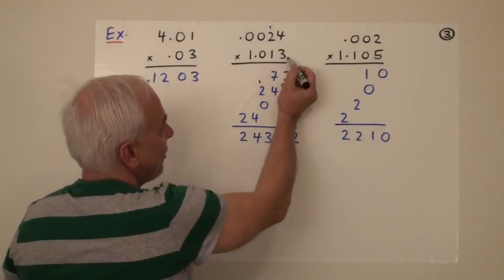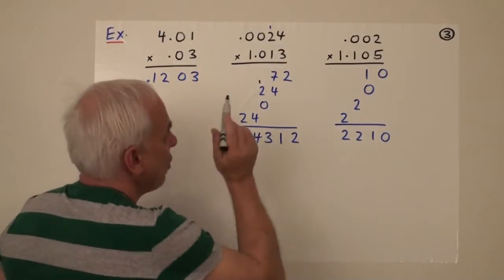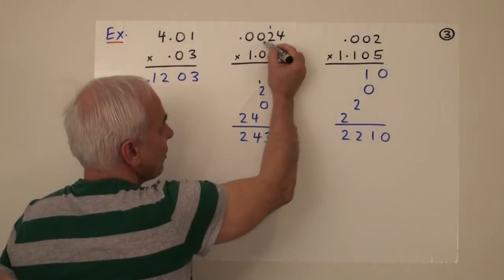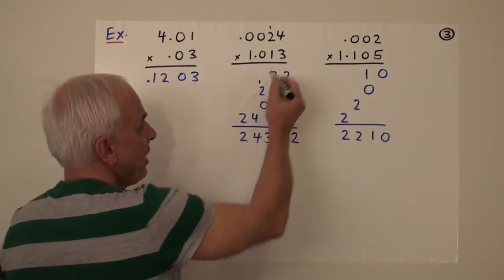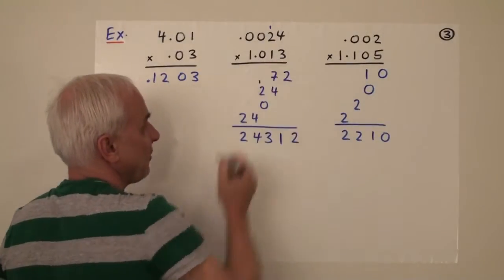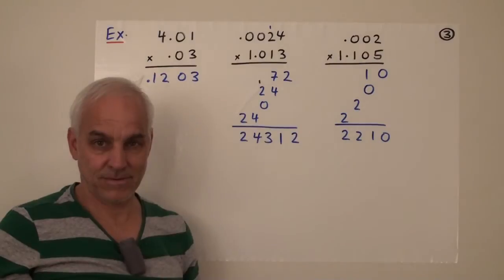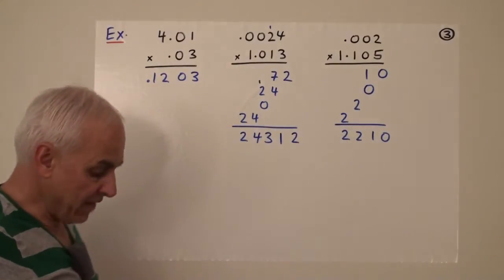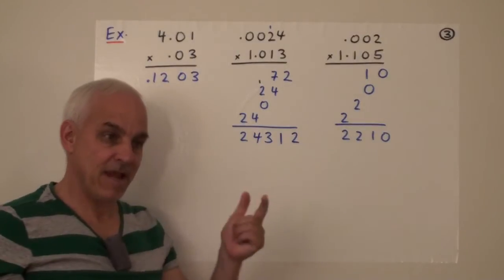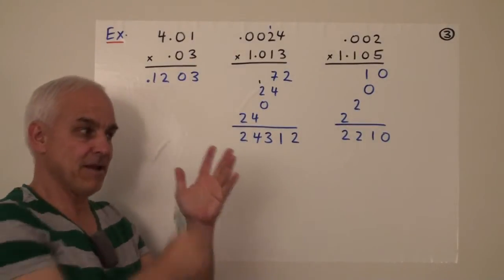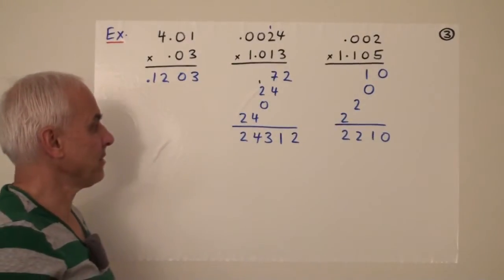Okay, and over here, the decimal point is over 1, 2, 3. So overall, we have 1, 2, 3, 4 positions from the first one, and 3 positions from the second one, a total of 7 positions. All right. So what we really have to do is divide by 10 times 10 times 10 times 10 times 10 times 10 times 10. 10 to the 7.